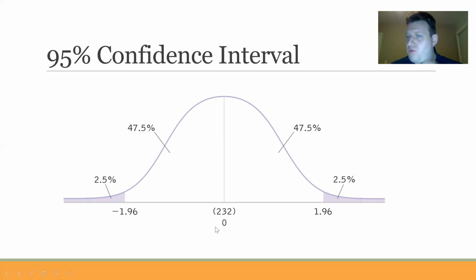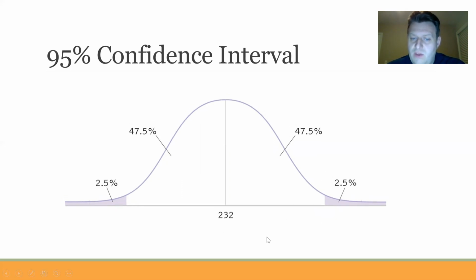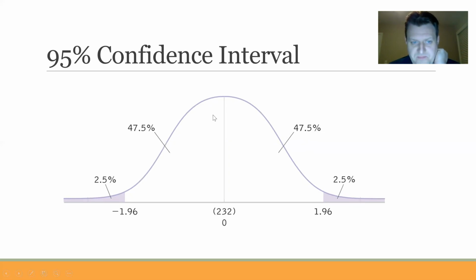But that's for the standard normal distribution, where we have a mean of 0 and a standard deviation of 1. So what we need to do is take these z-values and convert them back to the actual distribution, not the standard normal distribution, but the particular distribution that we're interested in.